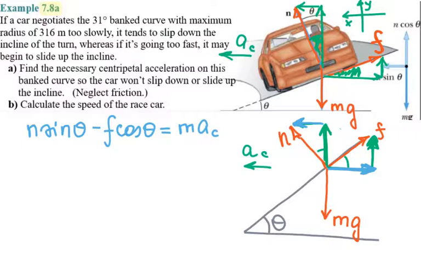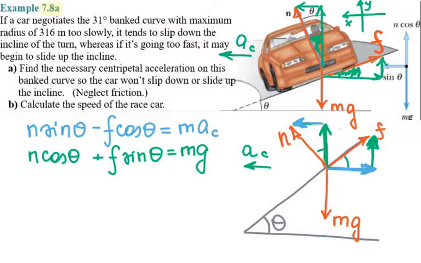For the vertical forces, I have two green ones up. So I have n cosine up, and I have friction sine up, and I have minus mg, but I'm going to move it to the right side, and it equals zero because there is no vertical acceleration. So it would be minus mg, but I move it to the right side, and I have equals mg. So I have these forces so far.